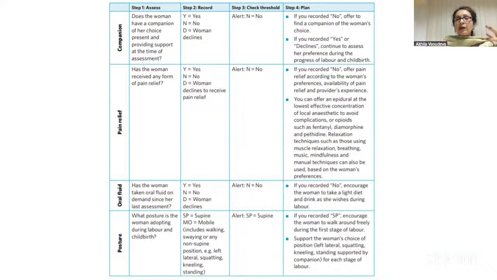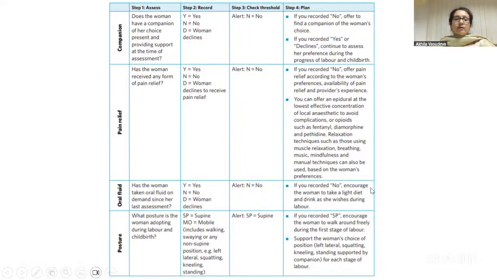There are so many patients. We are unable to offer this one-to-one care. So we have realized that somebody with the patient, offering at least non-pharmacological methods of pain relief, would really make a lot of difference to the laboring woman, so that the experience she goes through is good.